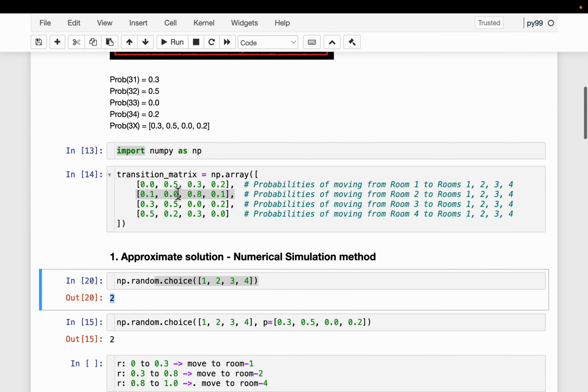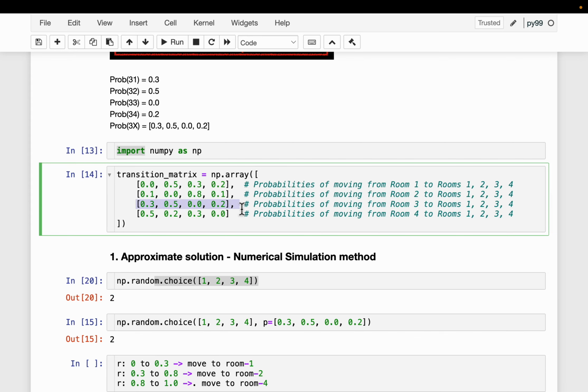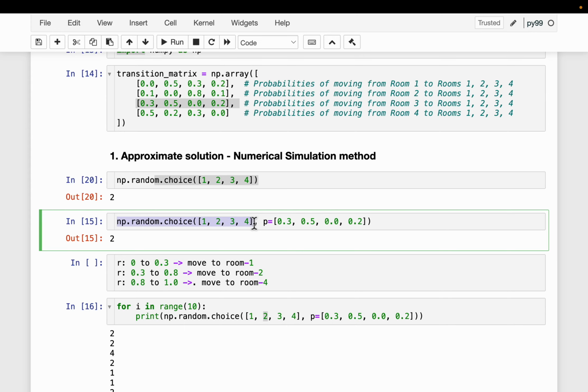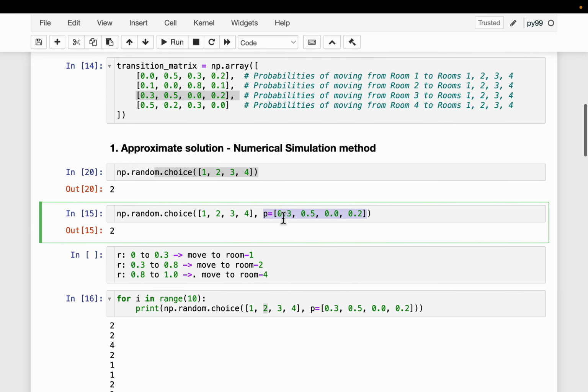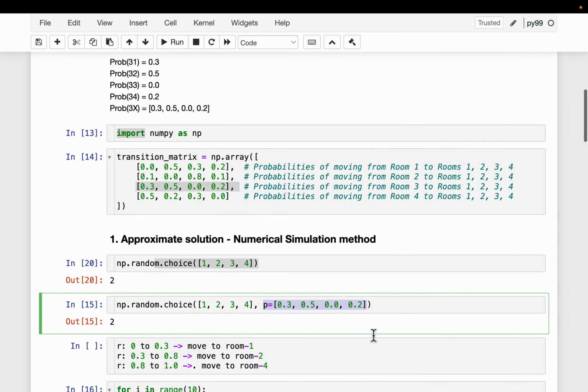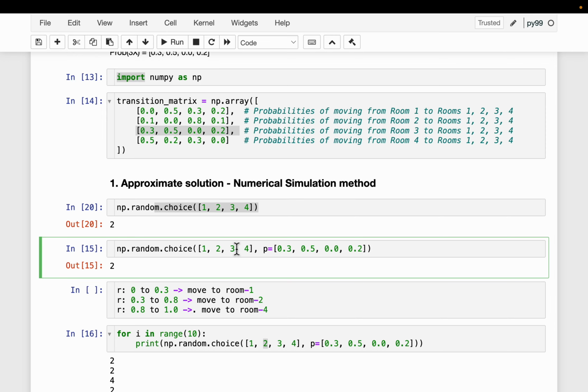But we know we do not have equal probabilities. So what we do is, to this function, we can also supply the probabilities. Okay. So 0.3, 0.5, 0 and 0.2. Now when we run this function, NumPy random generates a random number between 0 and 1. All numbers are equally probable.